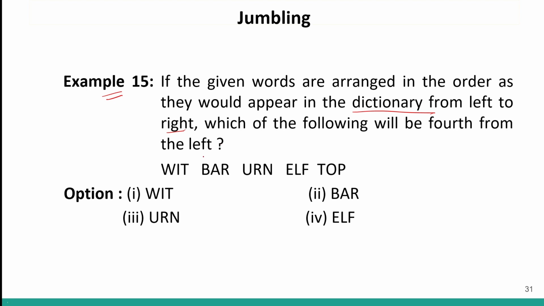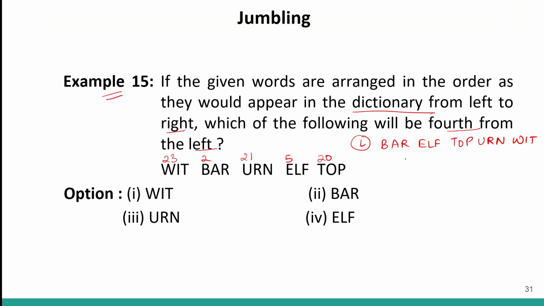If I write forward ranks, B is 2, E is 5, U is how much? U is 21, W is 23 and T is 20. So if I write them in dictionary order, it will be bar, then elf, then top, then earn, and then wit. Correct?